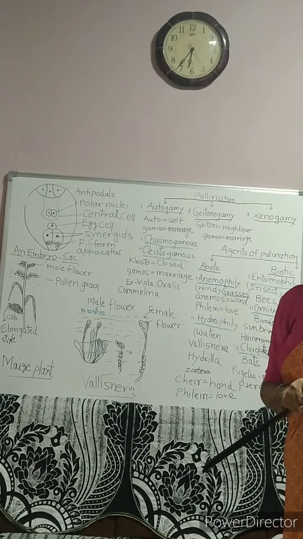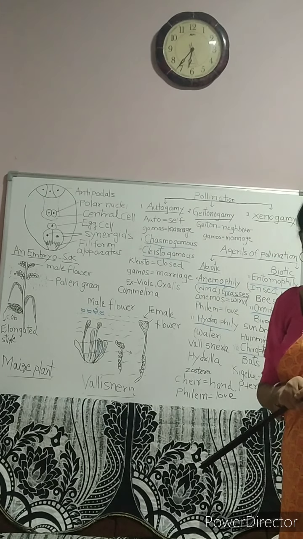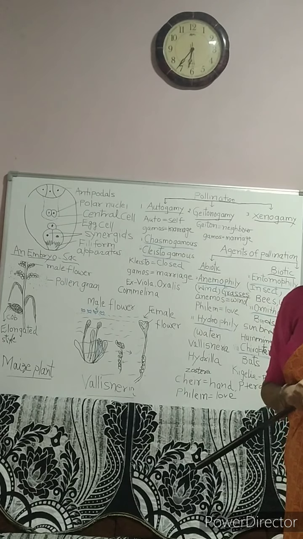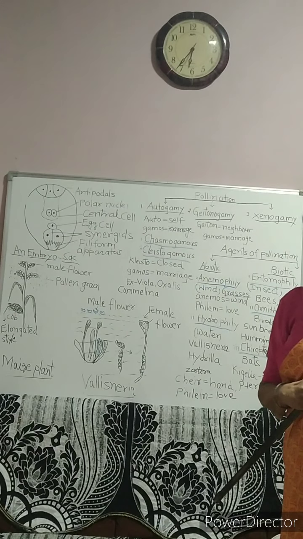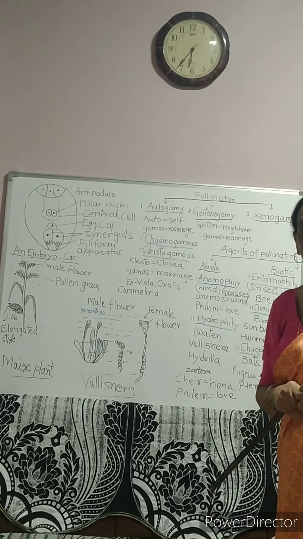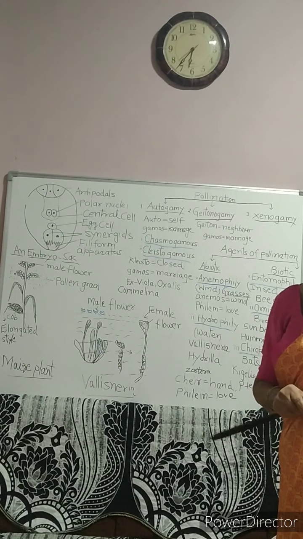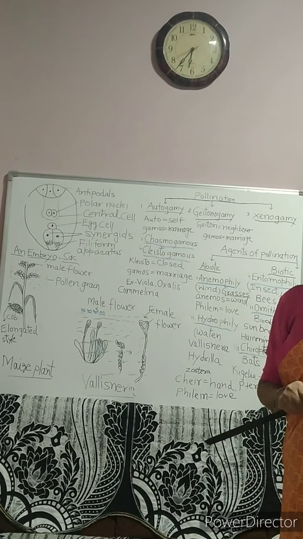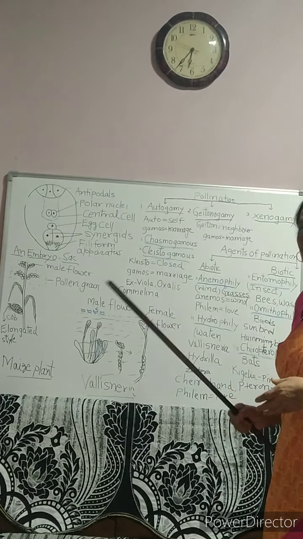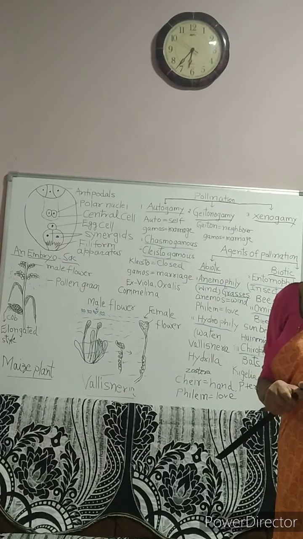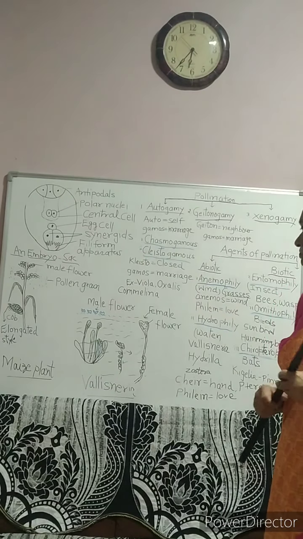Because they are closed, remaining in the form of buds, when the anther matures it dehisces. Dehisces means splits or breaks. The anther breaks and pollen is shed directly on the stigma. So it is a good device for promoting self-pollination.